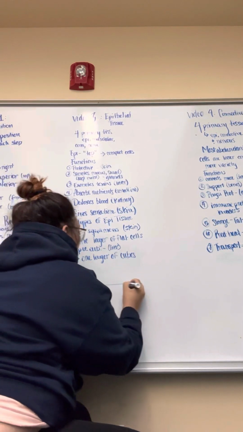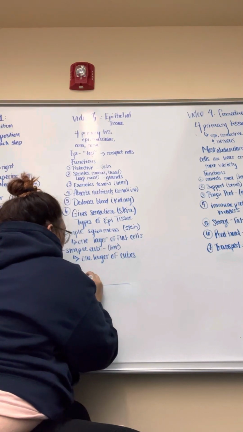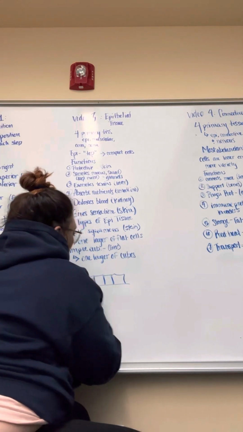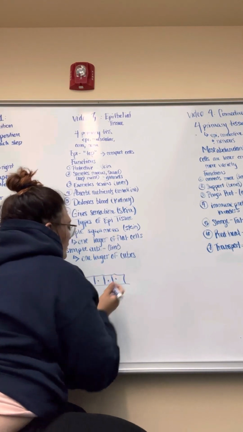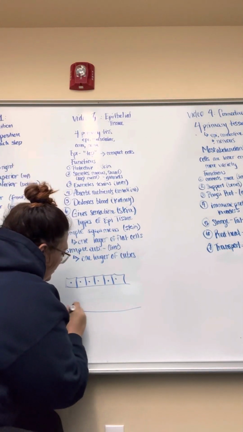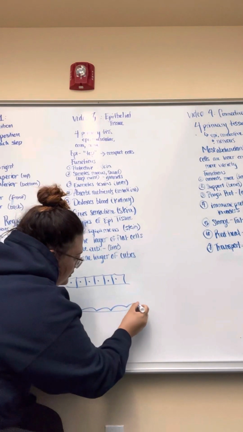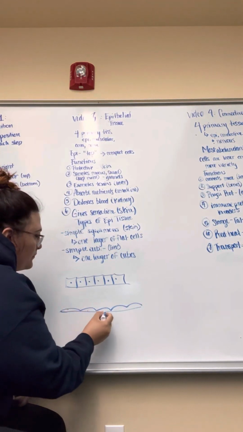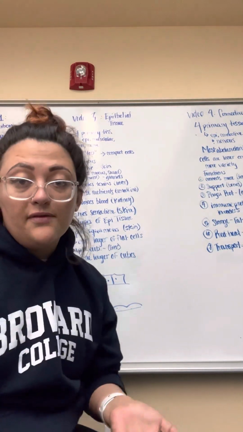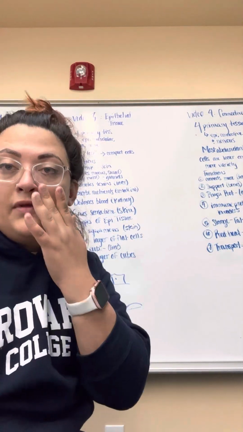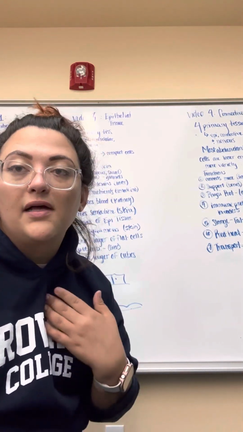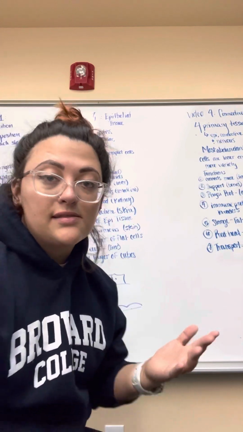Simple cuboidal can look more like this, and it has a nucleus just like that. So that's simple cuboidal versus simple squamous. Simple cuboidal can actually be found in the liver, and that's what helps excrete our toxins and such.